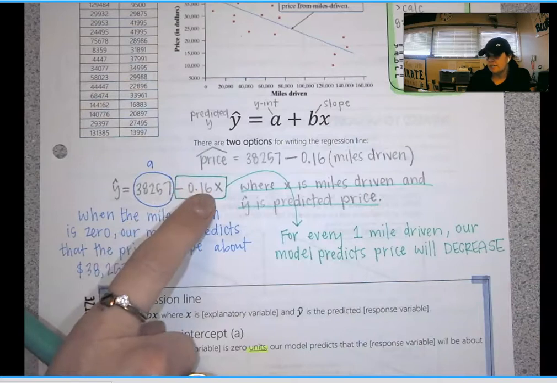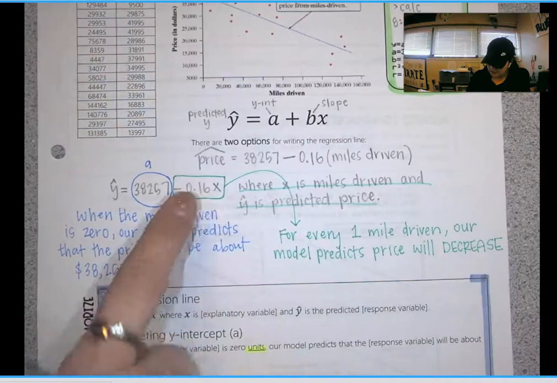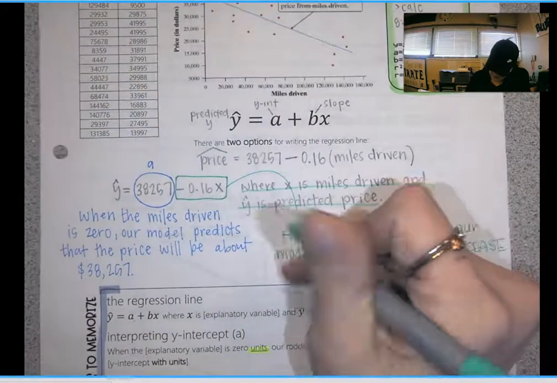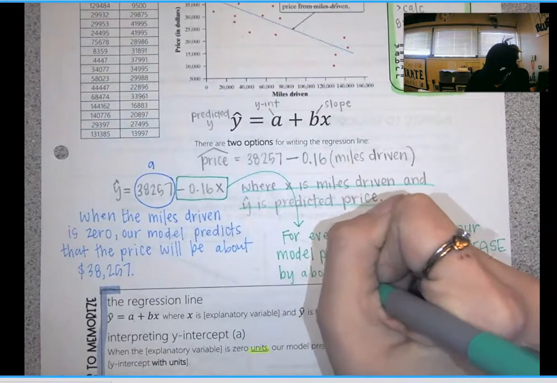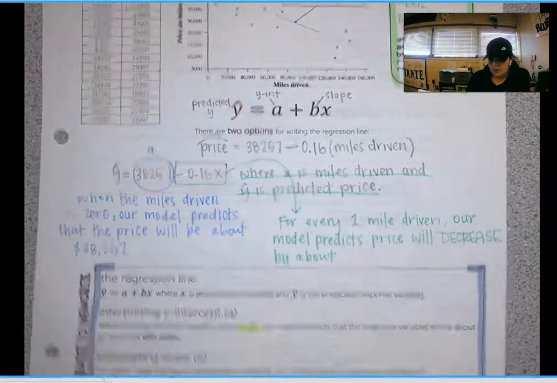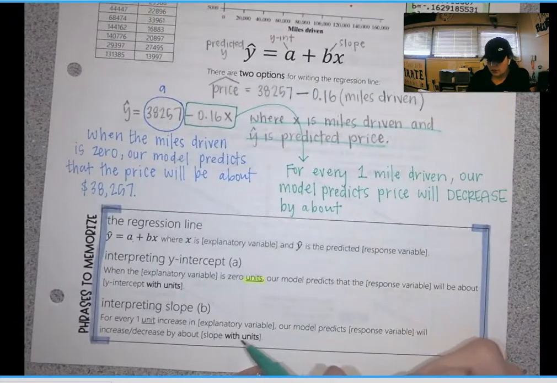And that negative belongs to the slope. So for every 1 mile driven, our model predicts the price will decrease by about, and then it says put in the slope with the units.